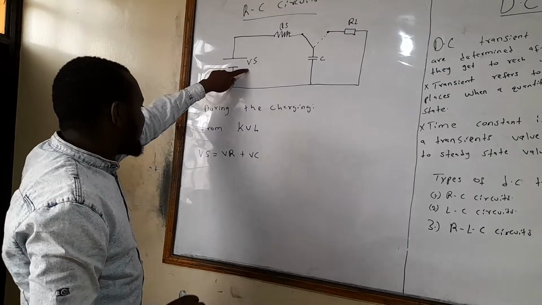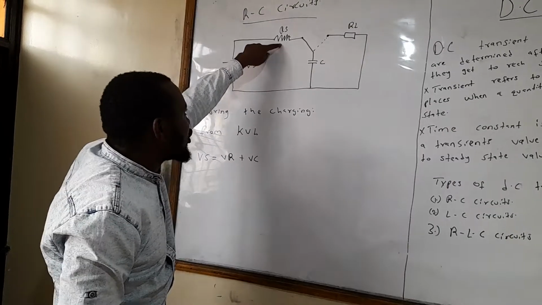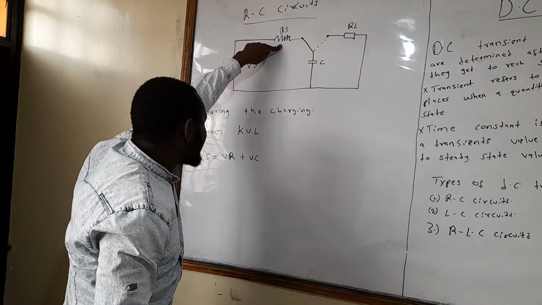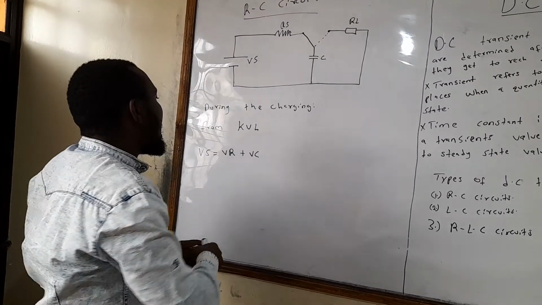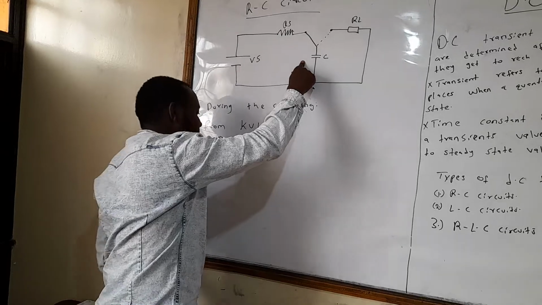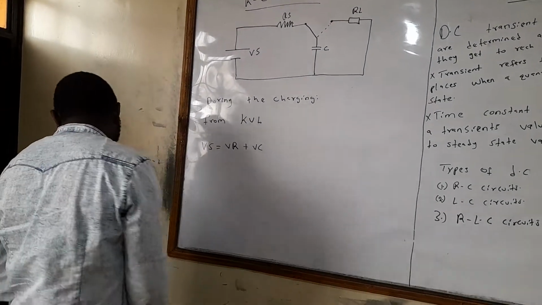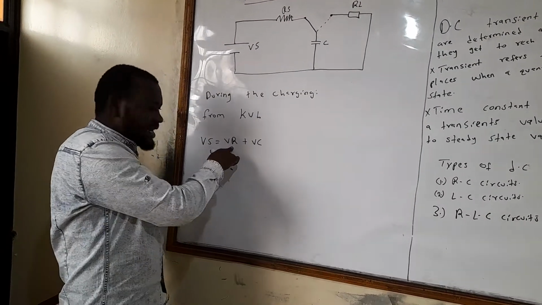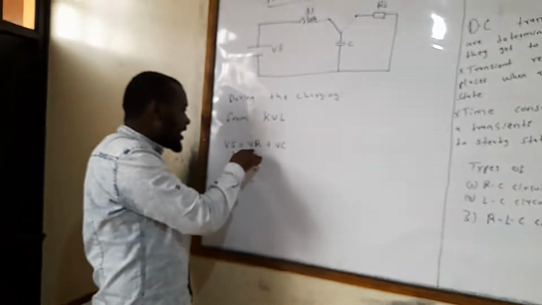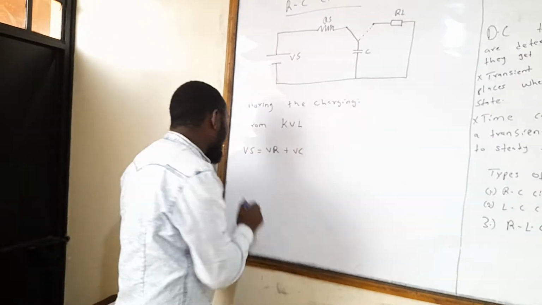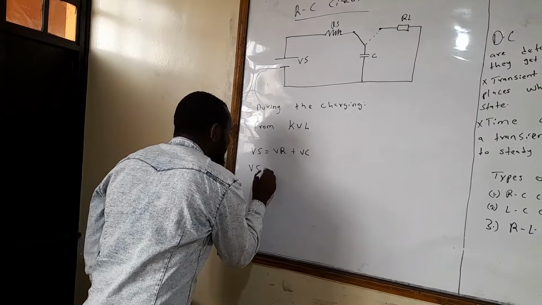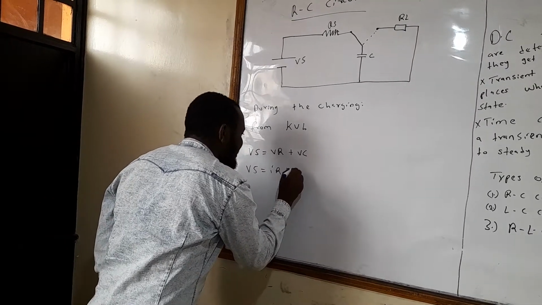Our Vs is equal to the voltage across the Rs, that is VR, plus Vc. Now, we know that VR is equal to IR. Therefore, Vs is equal to IR plus Vc.